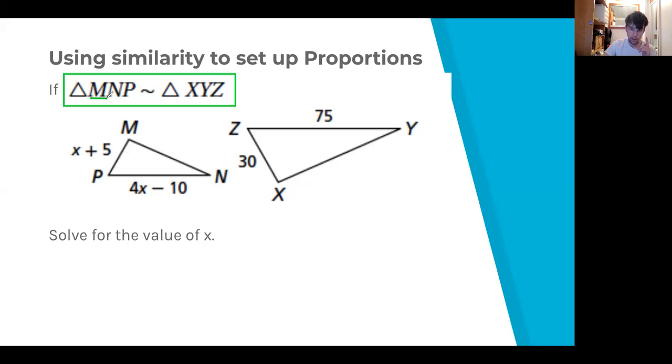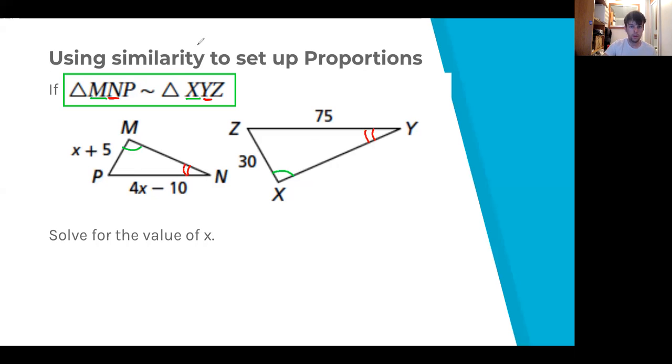This tells me angle M and angle X are corresponding and congruent. M, X. This is helpful here because these triangles aren't really oriented the same way. Whether they're rotated or flipped or something, they're not quite oriented the same way. It's not quite as obvious as it was in that last picture. So this statement is a very good help. N goes with Y.